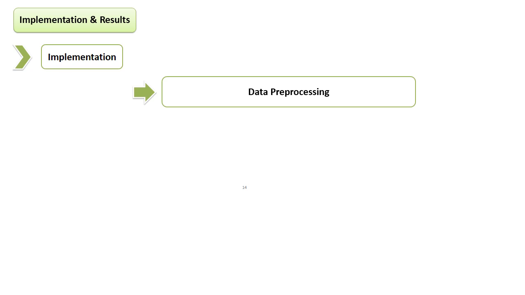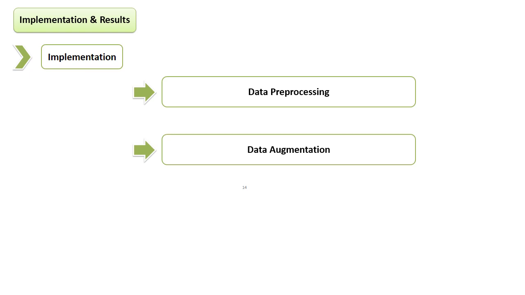The dataset was split into training and testing sets using the train_test_split function from scikit-learn. This ensured that the model's performance could be evaluated on unseen data. We have also data augmentation. Various data augmentation techniques were applied to the training images. These techniques include normalization, resizing, random flipping, and rotation.